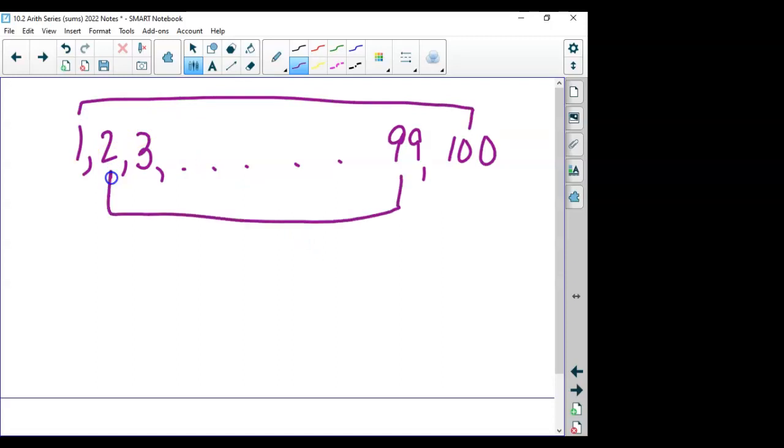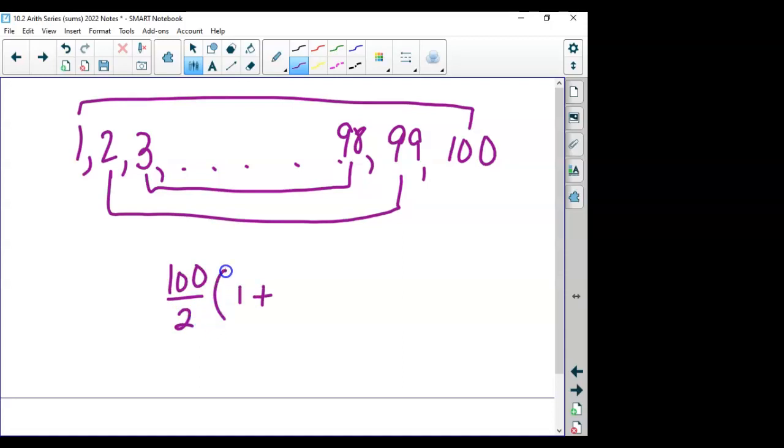When you add 2 and 99, it's 101. When you add 3 and 98, it's 101. So there's 100 terms. If we cut that in half so that we're getting pairs, and every time we got 101, so it's 50 iterations of 101. Does that show you a little bit of how it works?